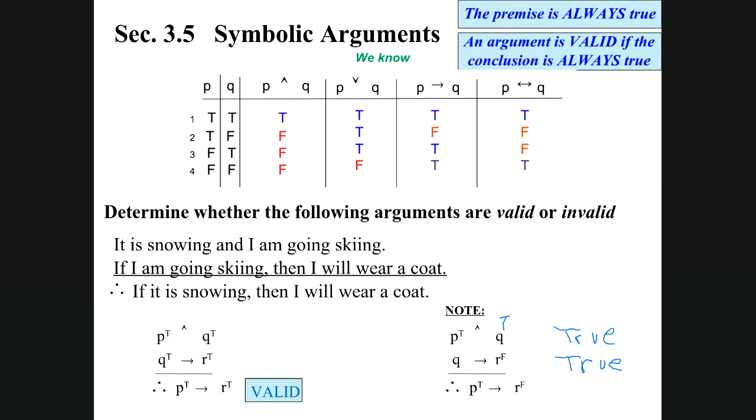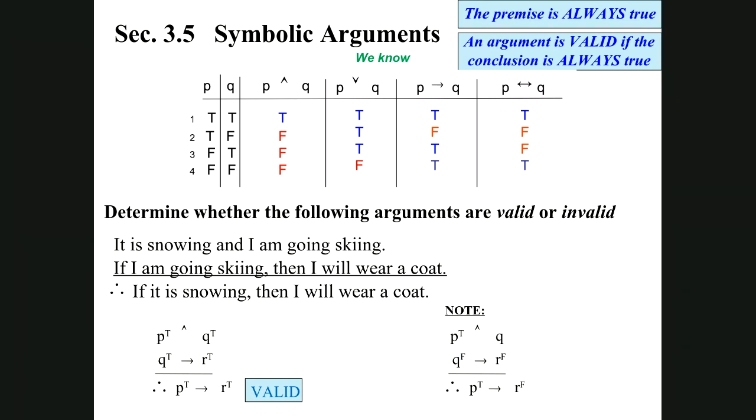But we run into a little bit of trouble, because if Q is true, in the second premise, true then false is false. In the second premise, Q has to be false. But Q cannot be false in the first premise. So we cannot make this conclusion false while keeping these premises true.